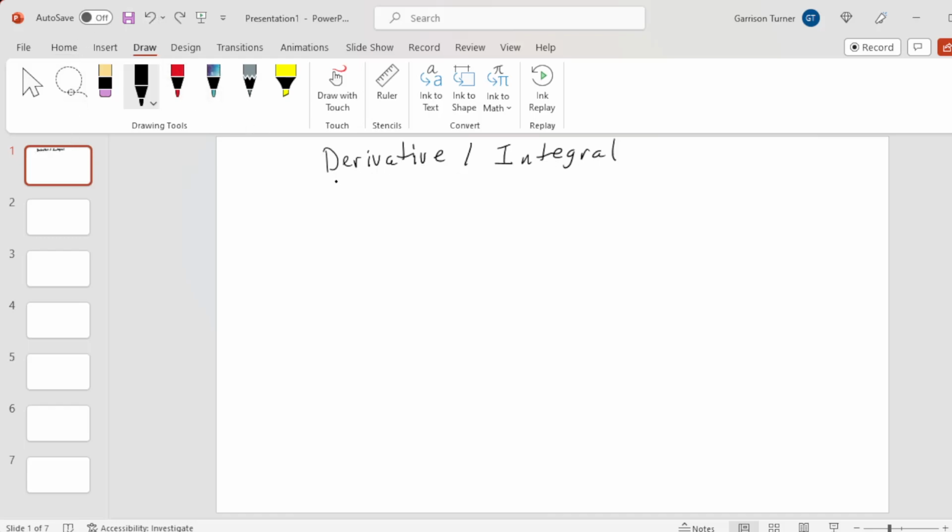So, to that end, we're going to start with the derivative, okay? And at the end of the day, the derivative is just a rate. It relates how one variable will change with respect to another variable.